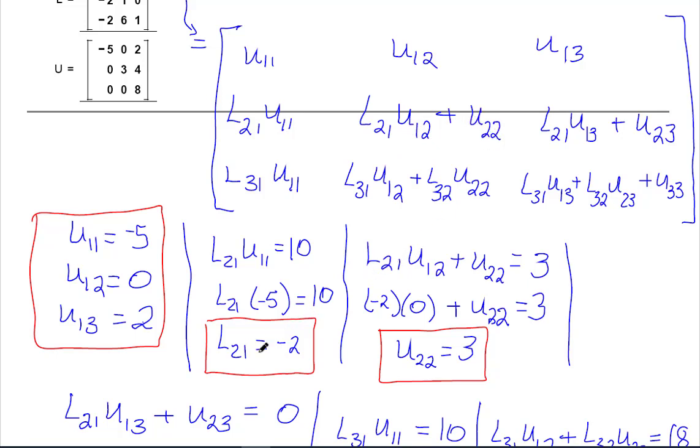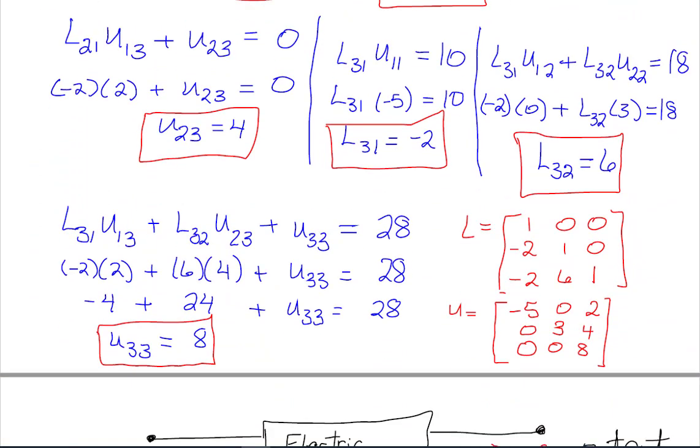Well, L21 we got from the previous one. 1, 2 was 0, and so that says u22 is 3. So essentially you're working from the top, and as you're gaining items, you're working your way down. Not hard, just takes a little bit of time. But in the end, we have our lower triangular and our upper triangular matrix.